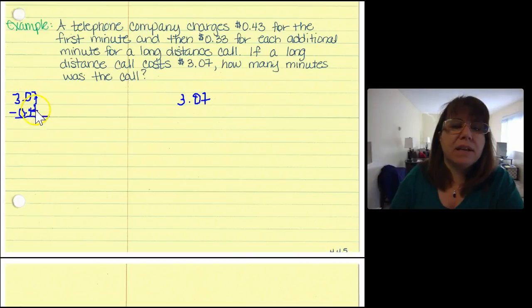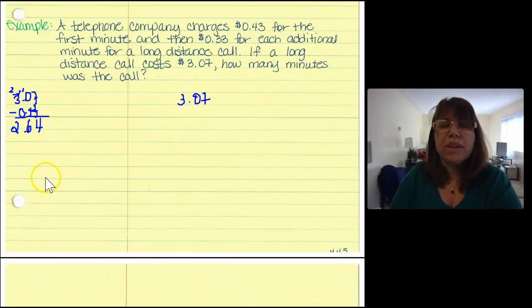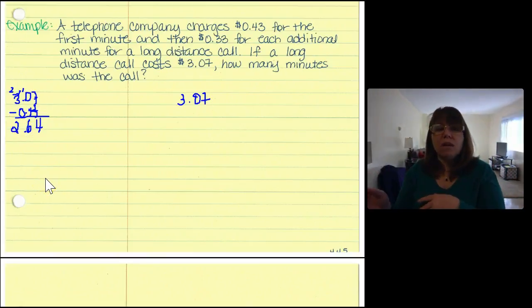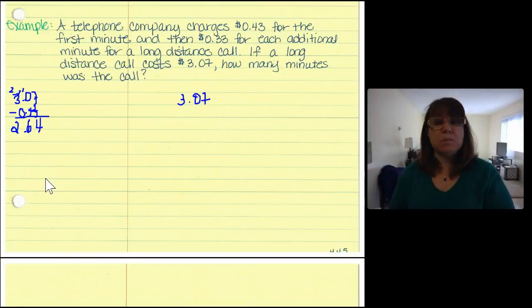Now I have 7 minus 3 is 4. I have to borrow. 10 minus 4 is 6. And 2 minus 0 is 2. So we know that the remaining minutes of our phone call cost $2.64. And each one of those minutes was at 33 cents a minute. So that's a division problem.